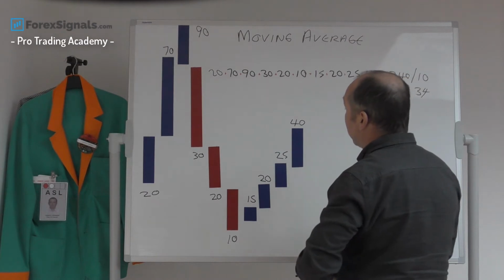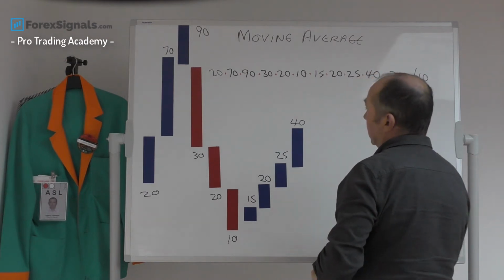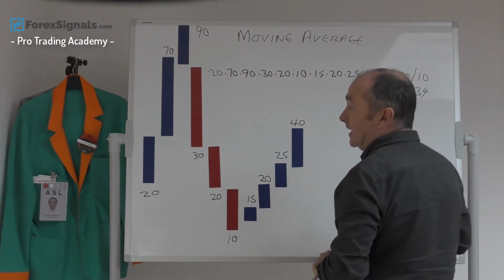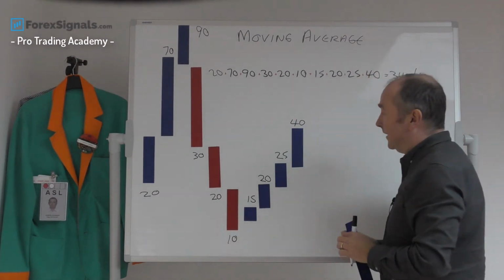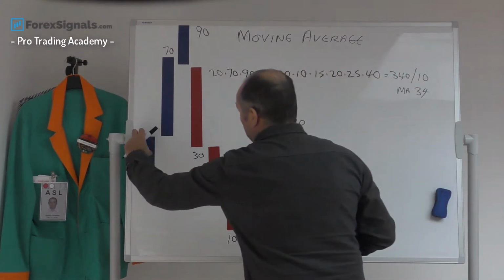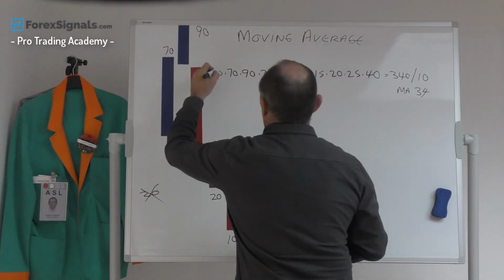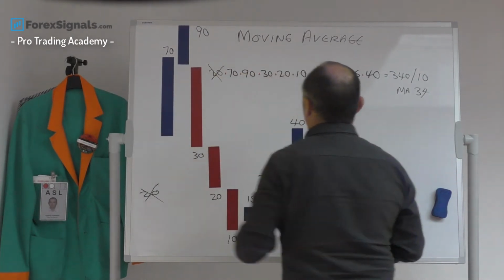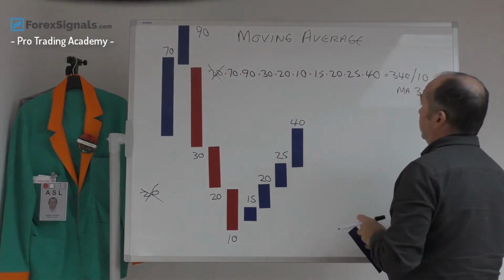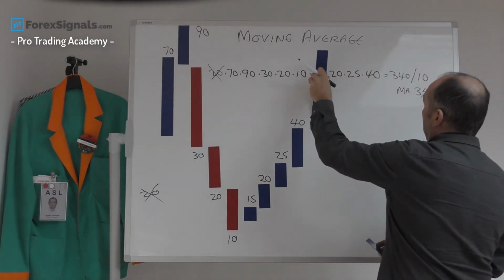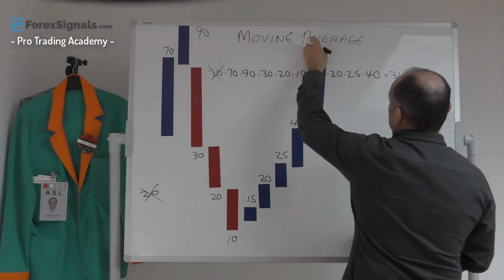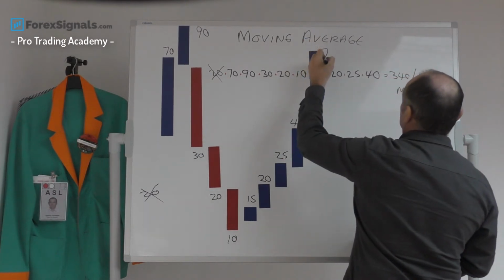Now, as a new candle is formed, the first candle in the cycle of 10 gets removed from the calculation. So we remove this 20. That comes off the calculation, and the new close goes into the calculation. So this could be up here back at 70 again.